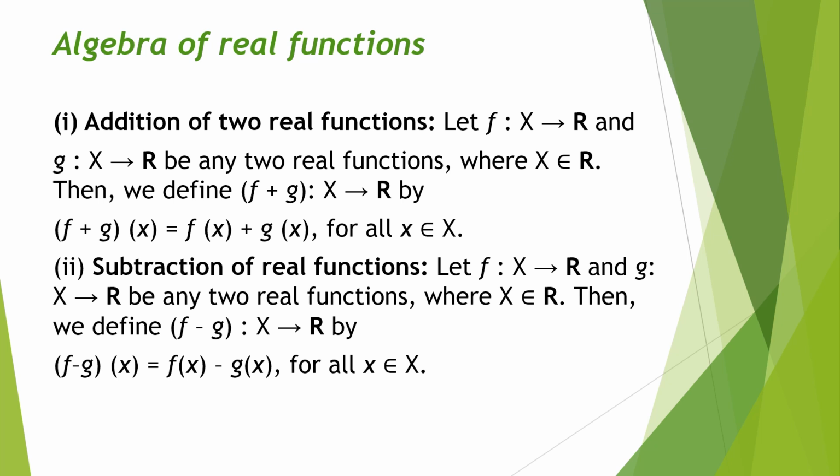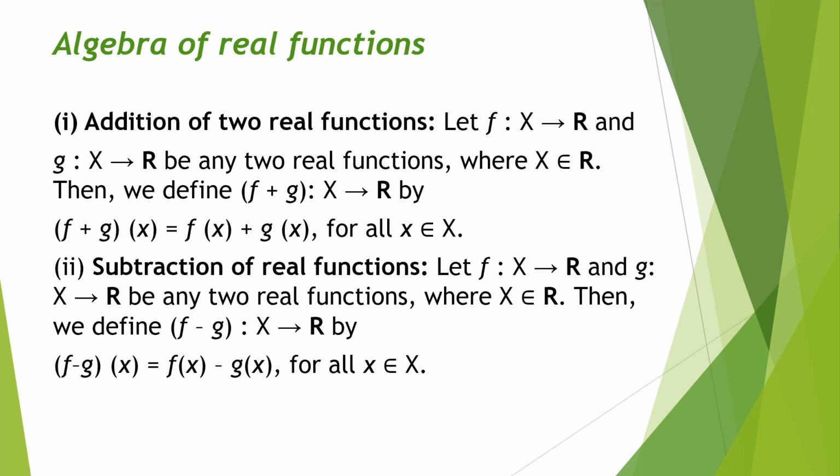Algebra of real functions. First thing is addition of two real functions. If f is a function from X to R, g is a function from X to R, where X belongs to R, then we define f plus g from X to R by (f plus g)(x) is equal to f(x) plus g(x).